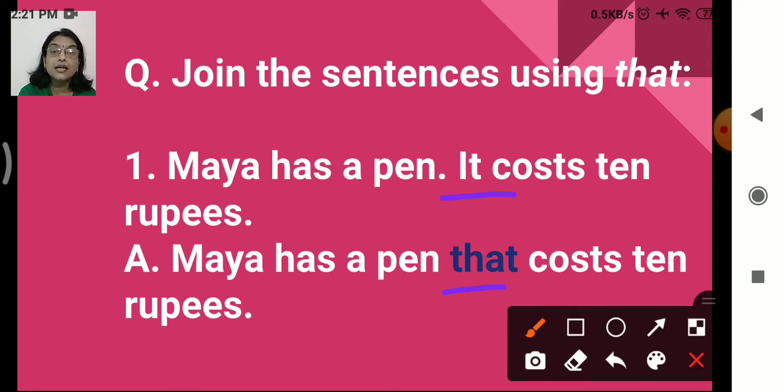Maya has a pen, so we are talking about the pen. That costs 10 rupees. So what is done here? We have removed "it", we have also removed the full stop, and instead we have added "that", and then the remaining sentence. So our answer is: Maya has a pen that costs 10 rupees.